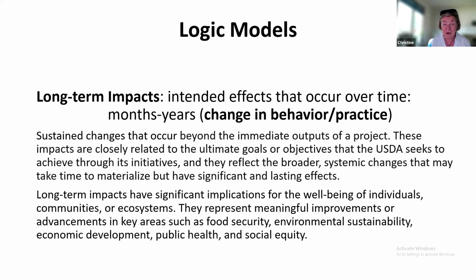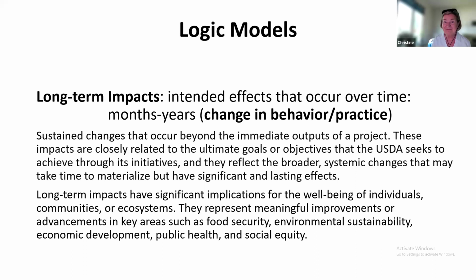They reflect the broader systemic changes that may take time to materialize, but have significant and lasting effects. Long-term impacts have significant implications for the well-being of individuals, communities, or ecosystems. They represent meaningful improvements or advancements in key areas, for example, food security, environmental sustainability, economic development, public health, social equity, but it could also include education, broader participation.